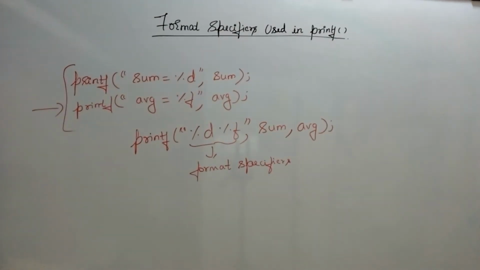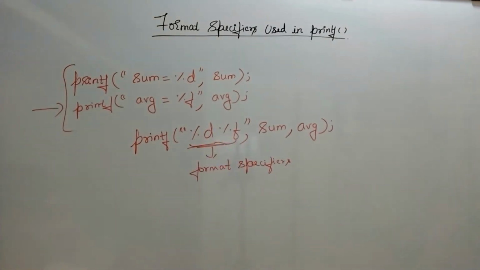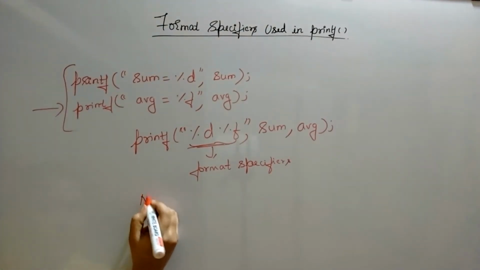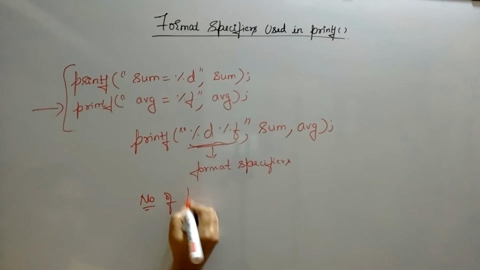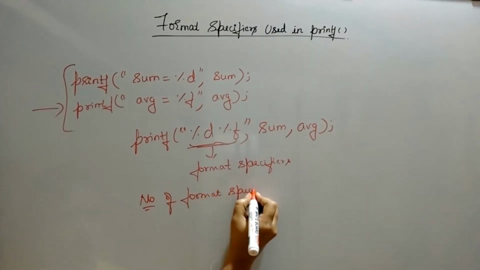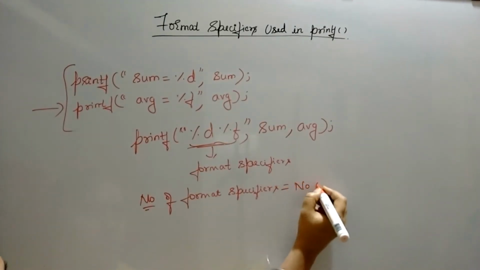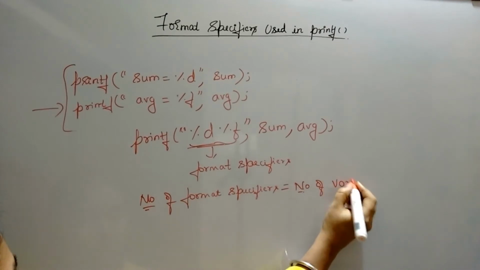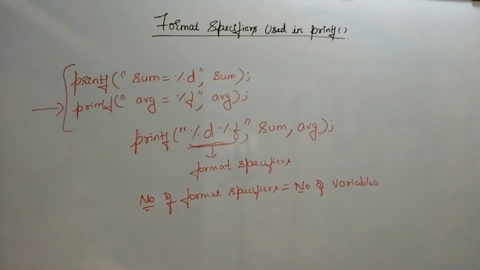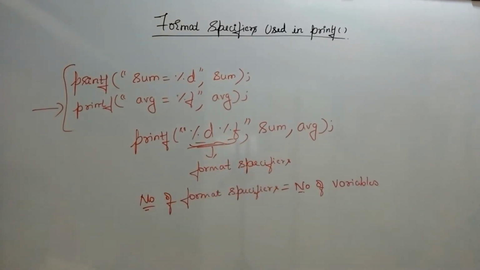Format specifiers. The number of format specifiers will be equal to the number of variables. These format specifiers are used to convert the data to particular data types.